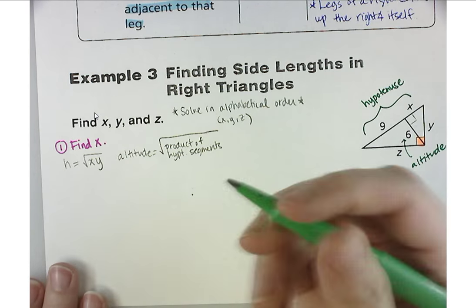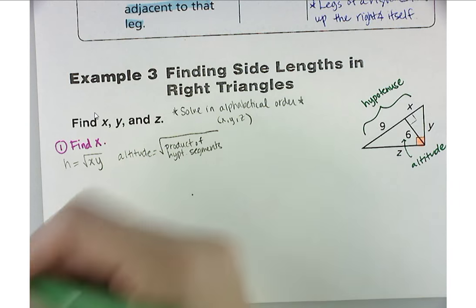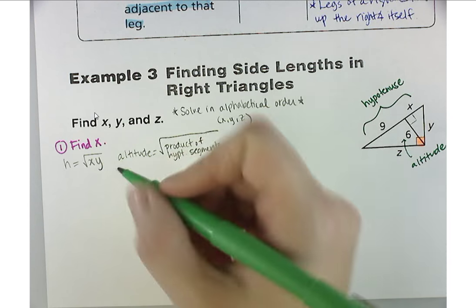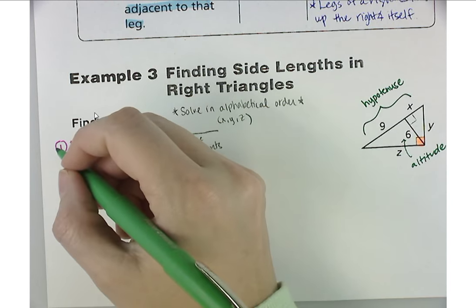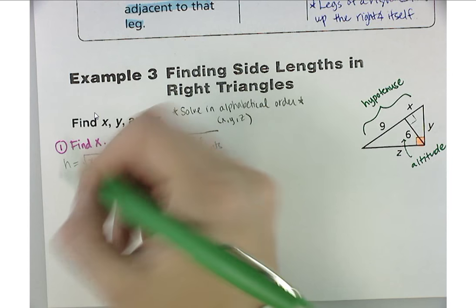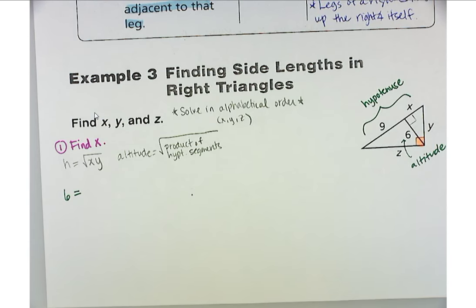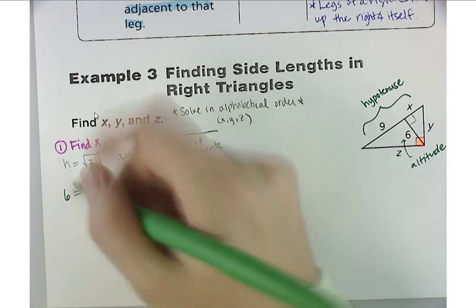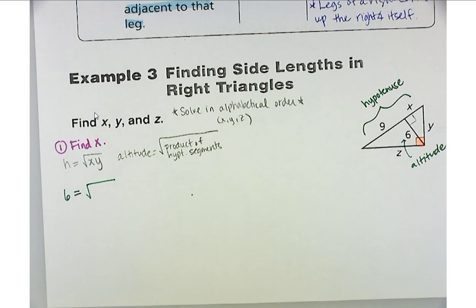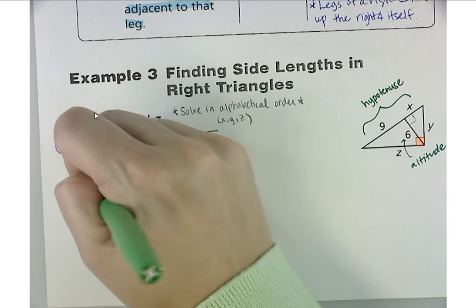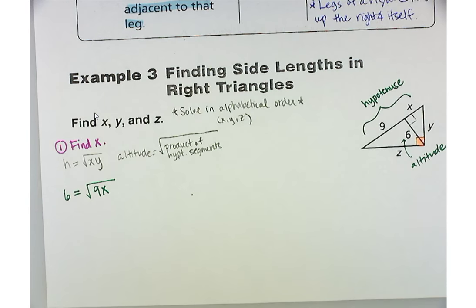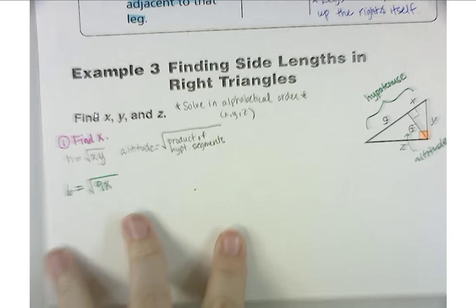Okay, so what we have is that 6 is going to equal the product of 9x, and that will be inside the square root.